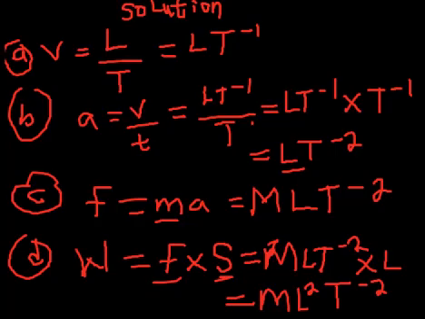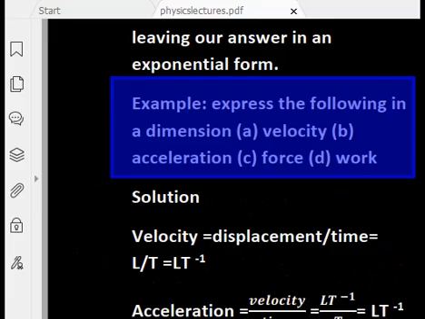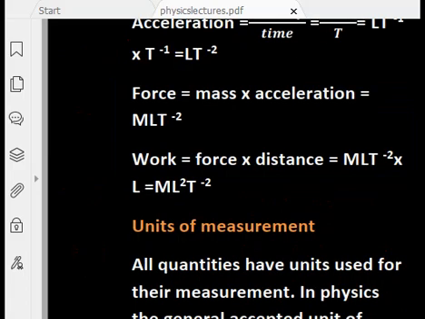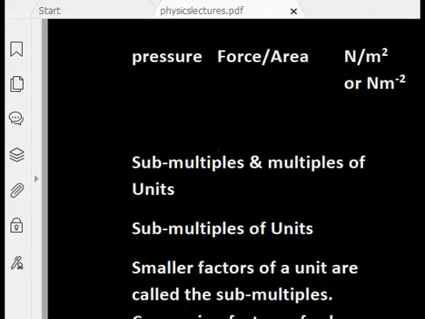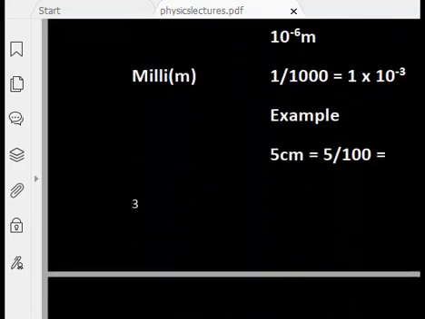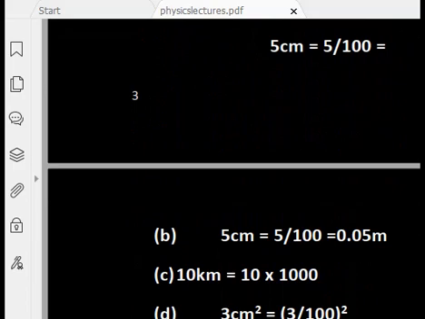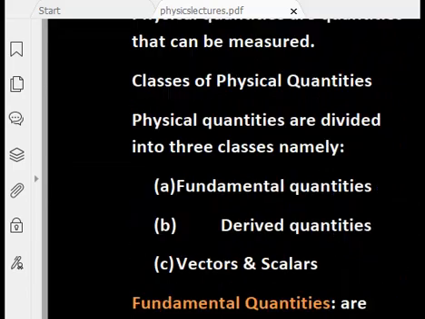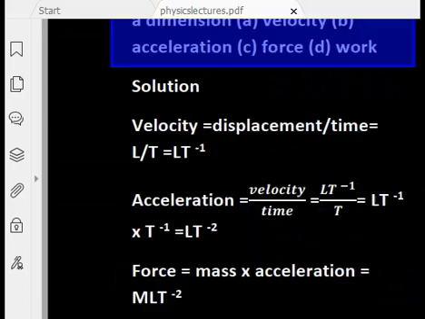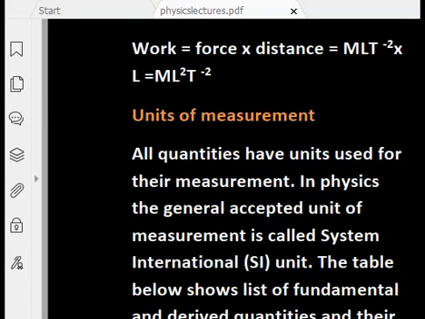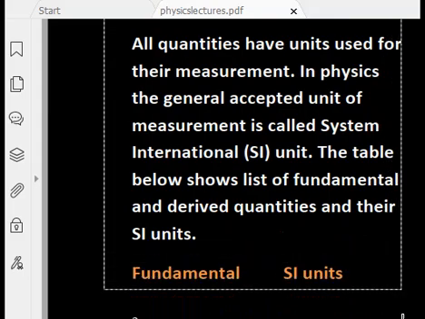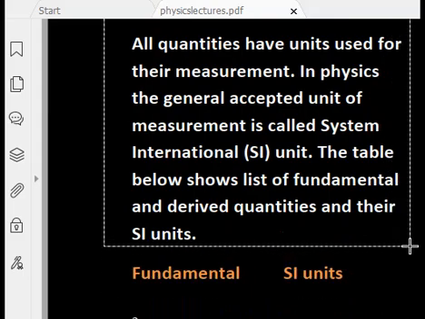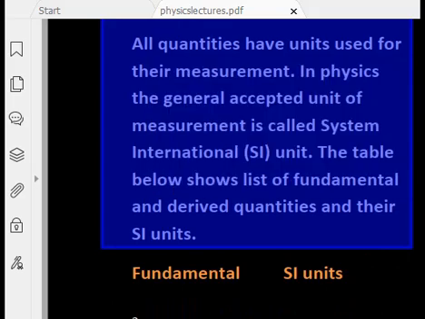All right, so we move. The next thing after evaluating the dimensions is to look at units. Remember this is measurement and unit.